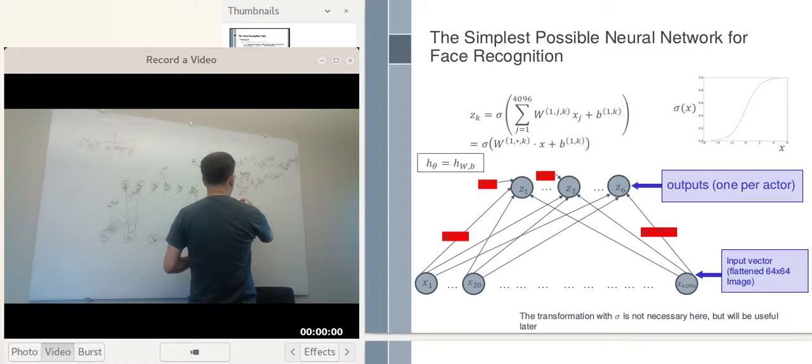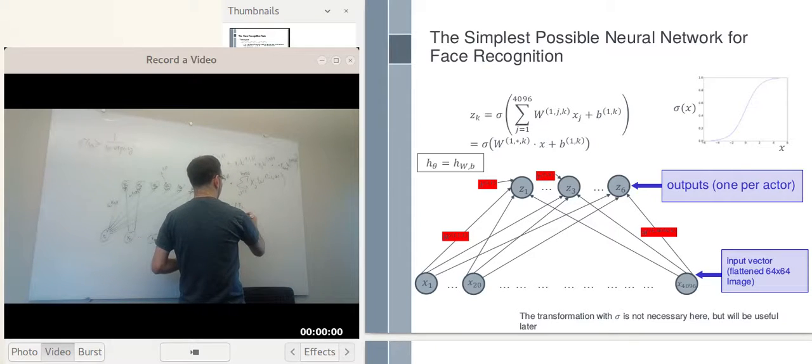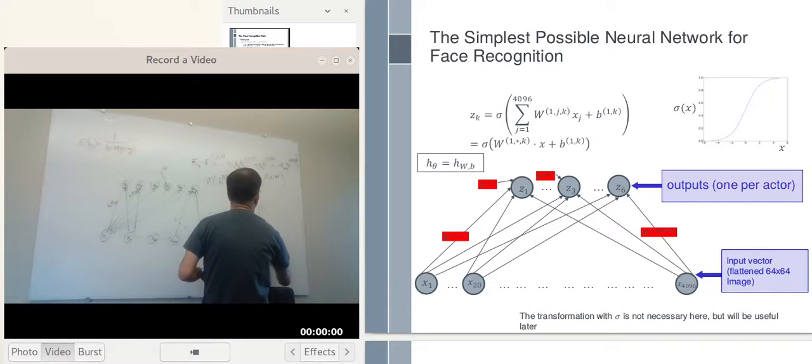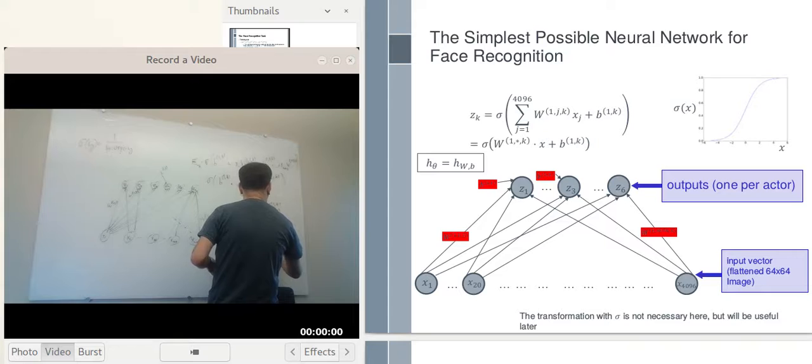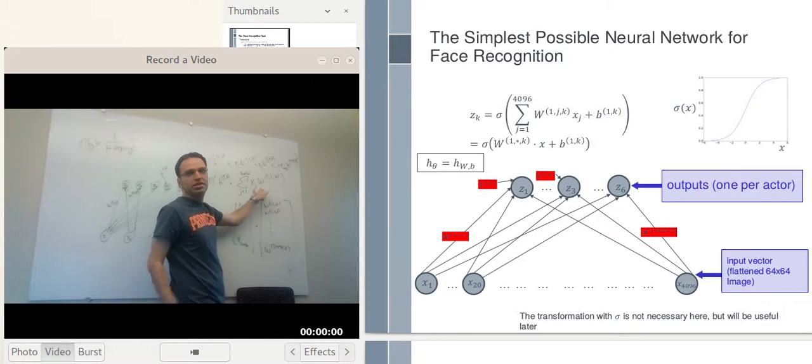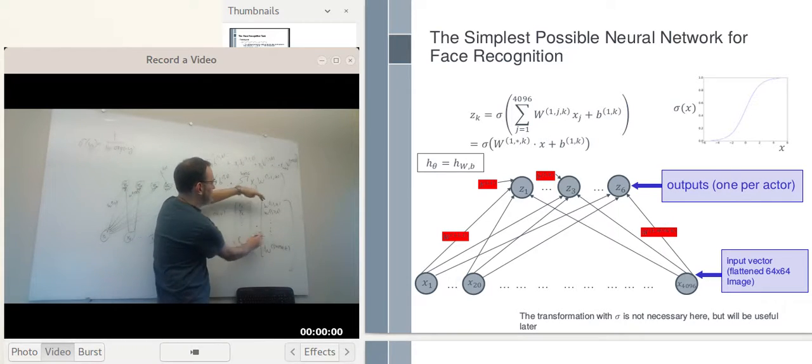So you can have a vector of the x's, x1, x2, and so on up to x4096, and compute the dot product of that with W11K, W12K, and so on, up to W1 4096K. You could just say this times this, plus this times this, plus this times this. That's exactly this sum, or this thing with the sigma notation. So you can write it like that.